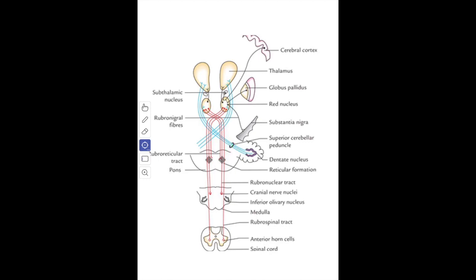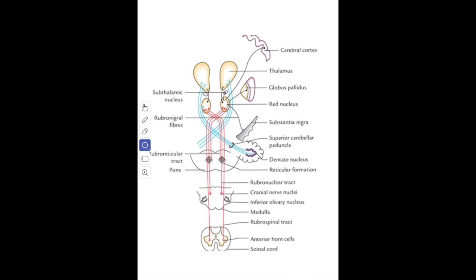Next you have the cortico-rubral fibers, mostly from the ipsilateral motor cortex, the area number 4 and the 6 of the frontal cortex. It also receives afferents from the globus pallidus, forming the pallido-rubral fibers of the same side.